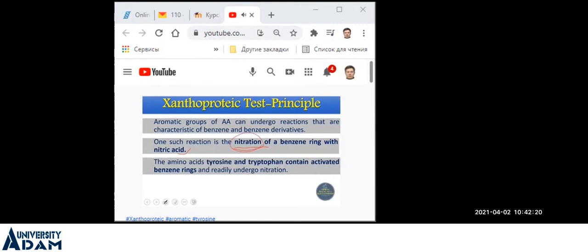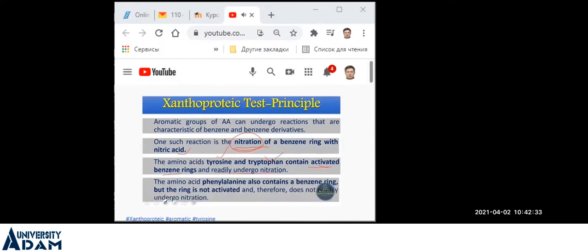Amino acids like tyrosine and tryptophan have activated benzene rings, as I have already told you, and those two rings readily undergo nitration reactions. Whereas phenylalanine has an aromatic benzene ring, but that benzene ring is non-activated, so it does not react very easily and gives a positive reaction only under special conditions.